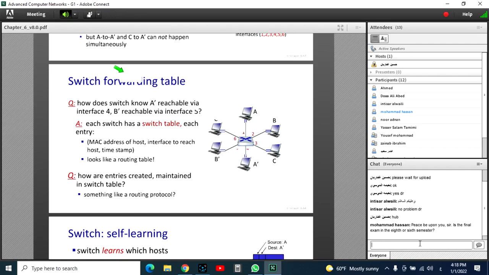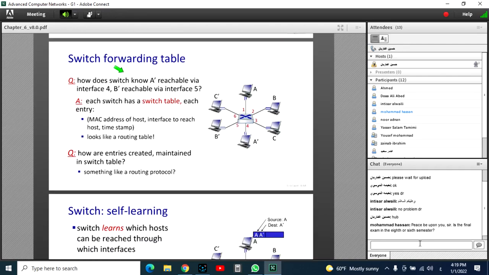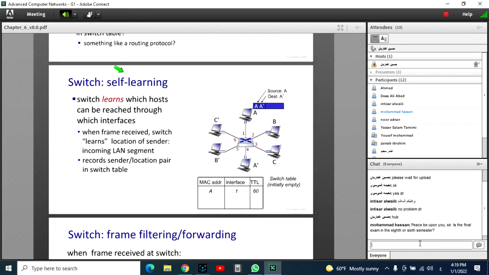Using this table, the switch can learn about the MAC addresses. How? For example, A is sending data toward the network.